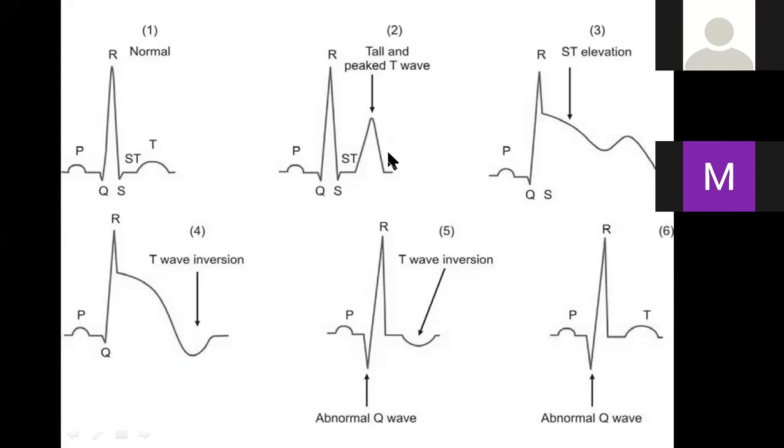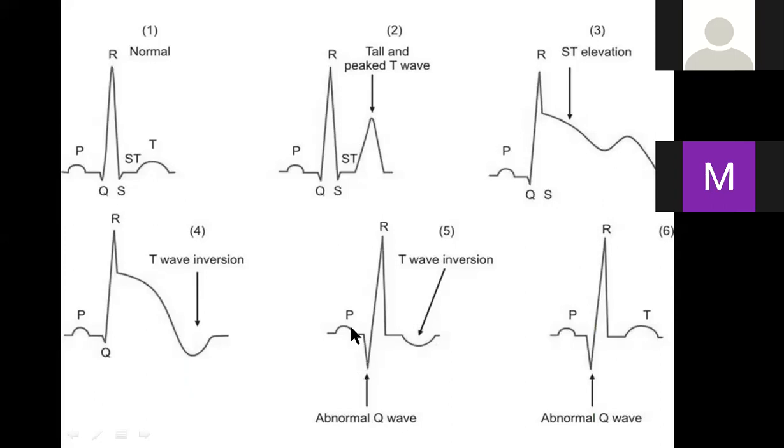Within minutes, you will first see the peaked T wave, the hyperacute T wave. Second, you will see the peaked T wave plus ST segment elevation. Then, over the following minutes to hours, you will see ST segment elevation and T wave inversion.